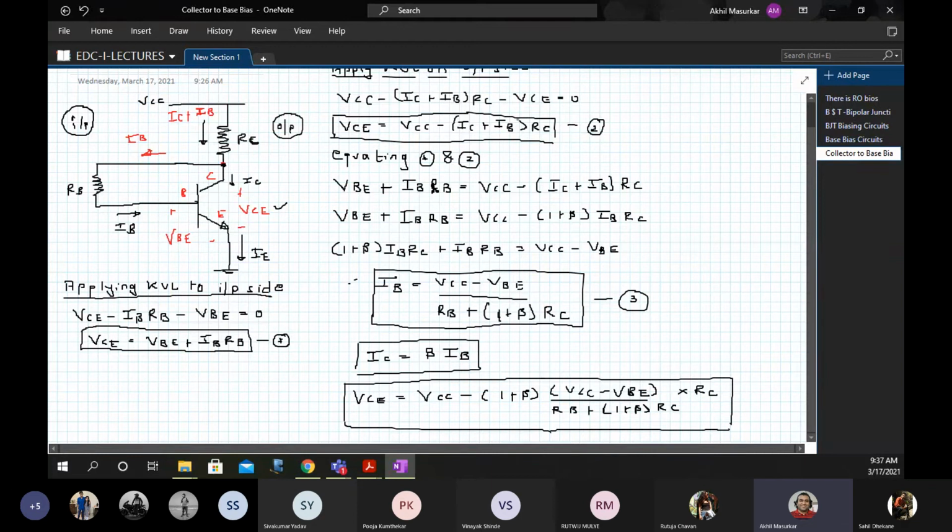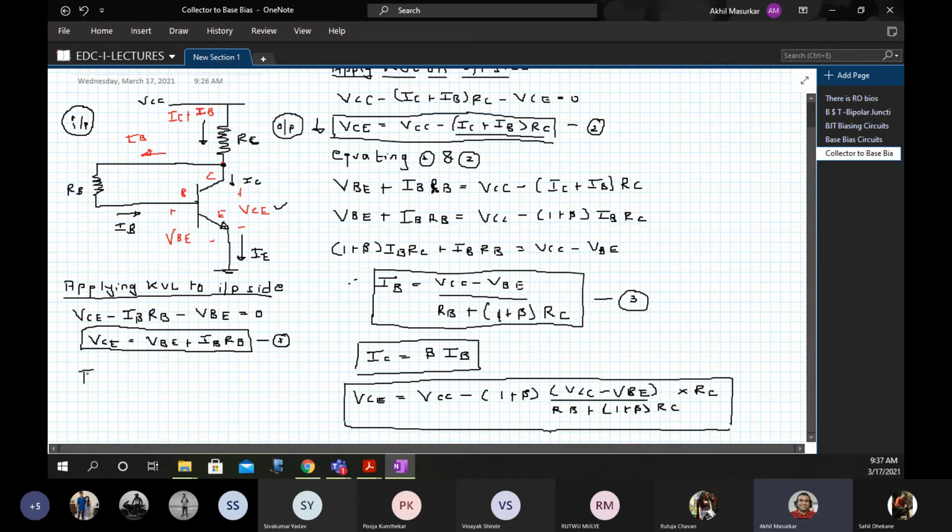If the voltage drop across RC increases, then VCE is going to fall. If VCE reduces, you can see from here itself that your IB is going to reduce.